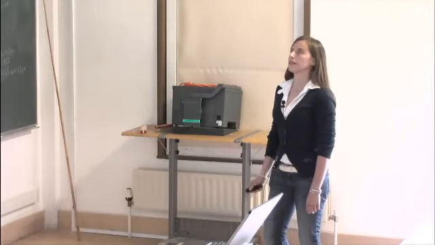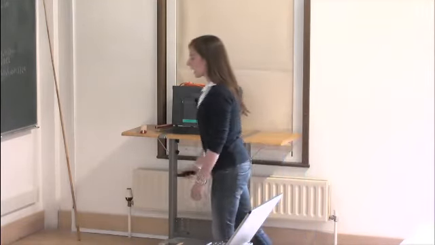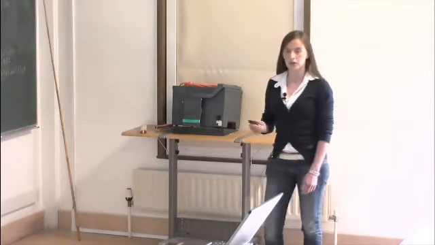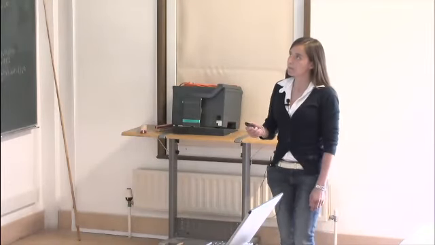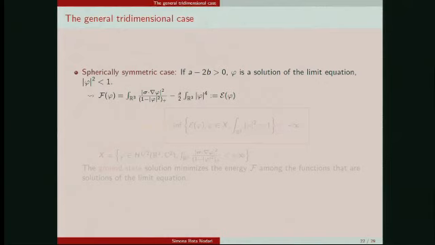In the spherically symmetric case, we remarked that if A is bigger than 2b and phi is a solution of the limit equation, then the norm of phi is strictly smaller than 1. In this way, I can add a positive part here in the kinetic term of the energy functional without changing it.